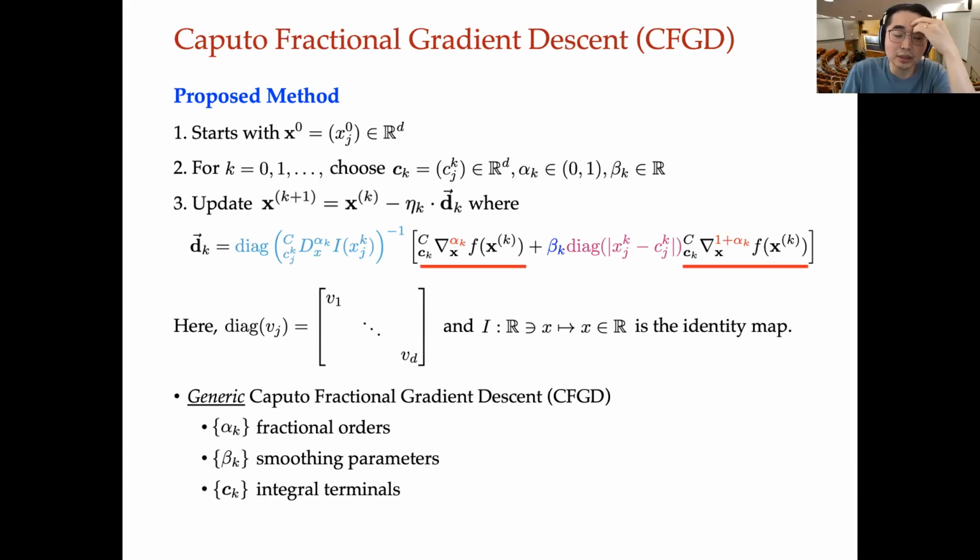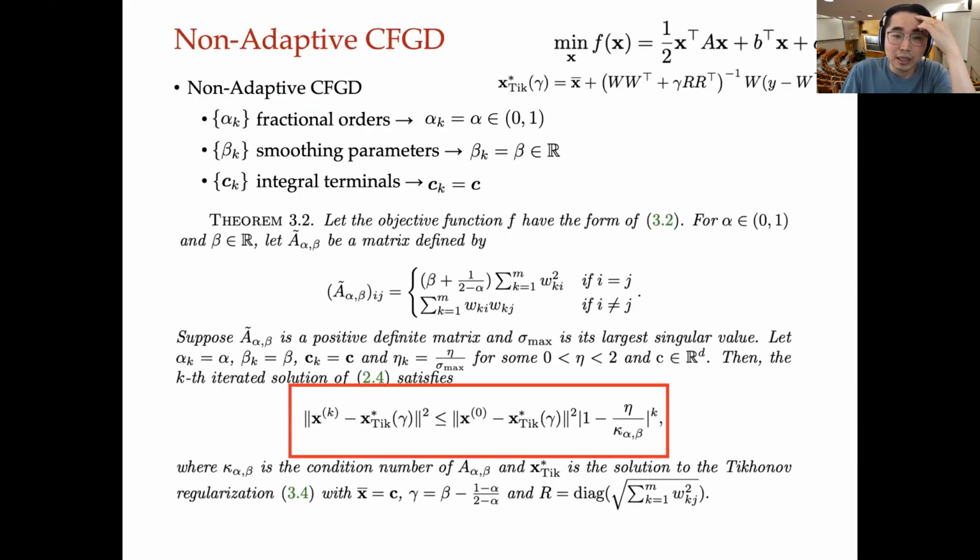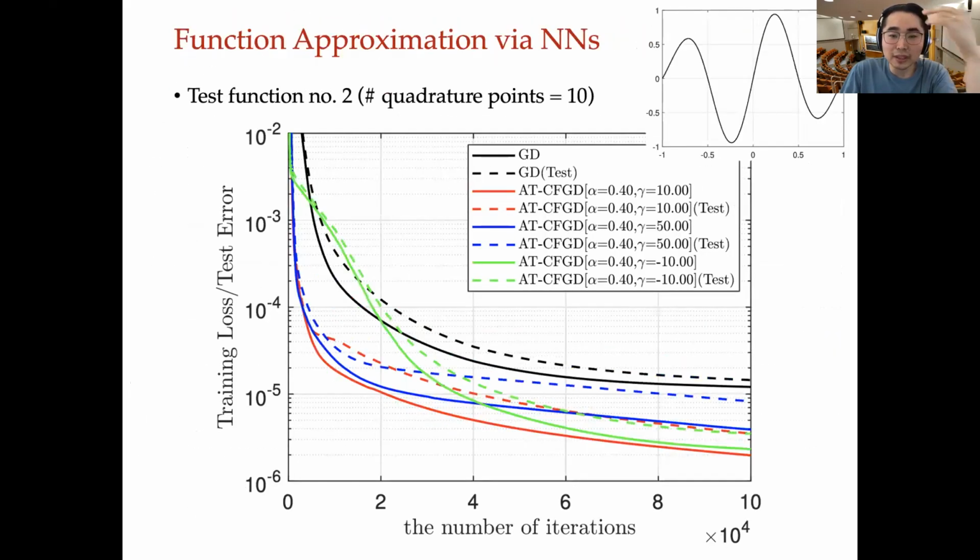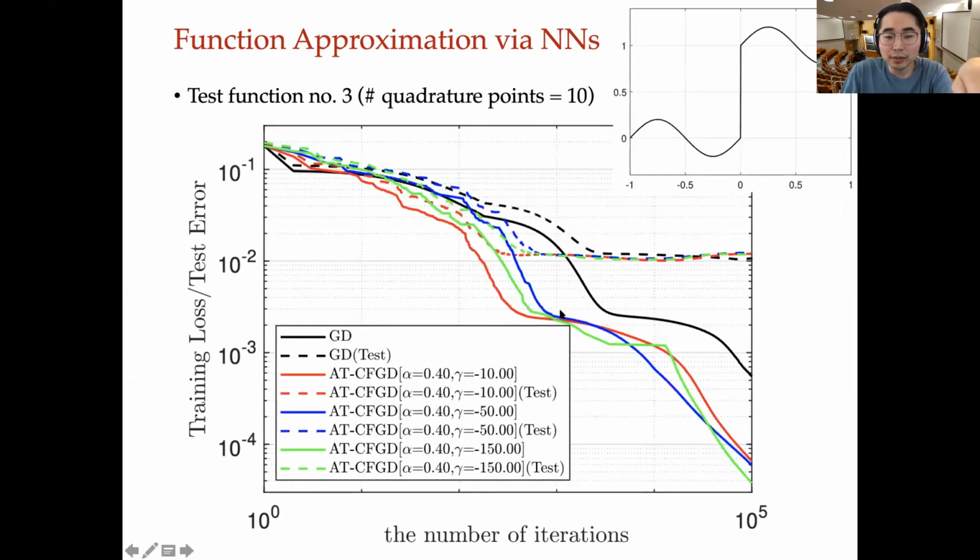And that is also consistent with my numerical examples, because a lot of variations have been proposed, like truncation approximating the Caputo fractional derivative, or adaptive terminals, adaptive order, and mixtures of all these. But I don't really see any really convincing results. Of course, I need to mention that even though I just showed some fixed orders like alpha equal to 0.4, if I change the orders, the curve is certainly different.